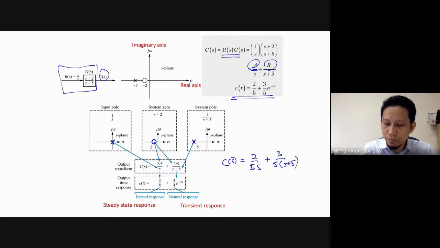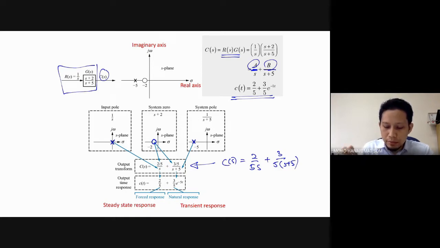Okay. And from this, you can also represent the fraction like this. And when we find it in the time domain, you will have the form of 2/5 plus 3/5 e to the power of negative 5t.